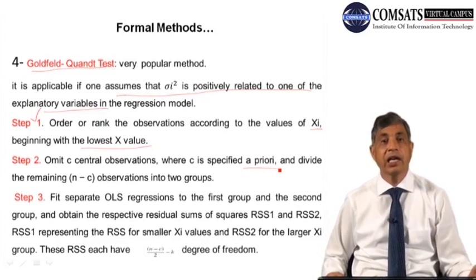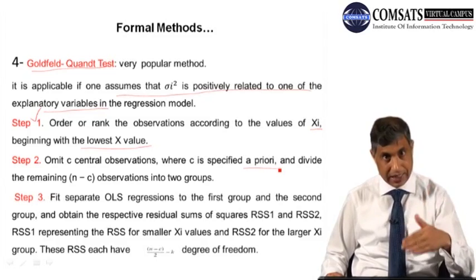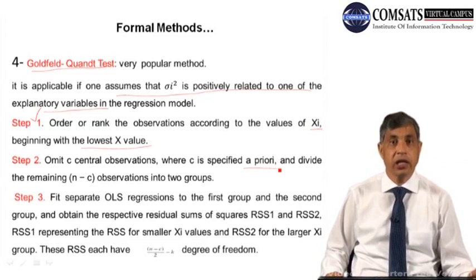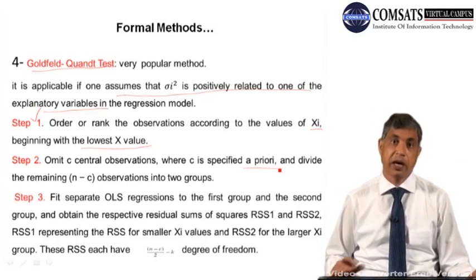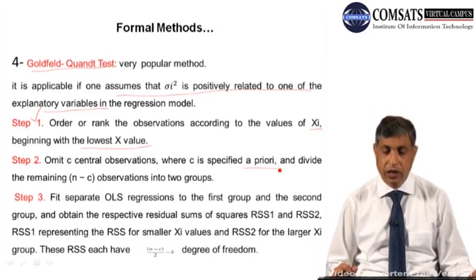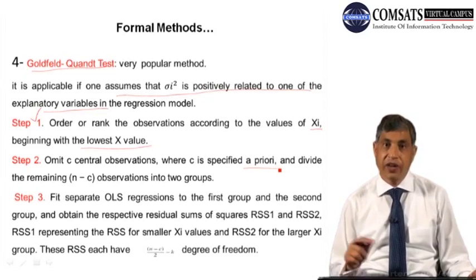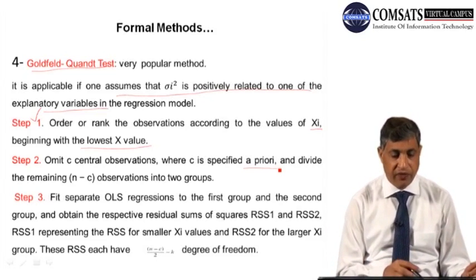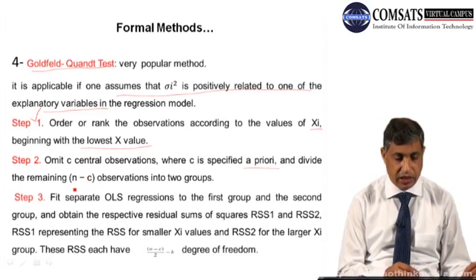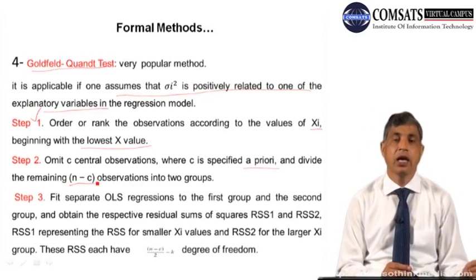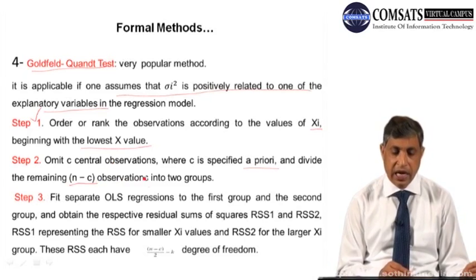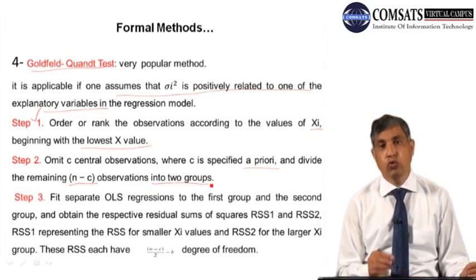The first part we will call the one with smaller variance, as it is in ascending order, and the second part has a higher variance. When we omit c, the remaining n minus c observations are divided into two equal groups.